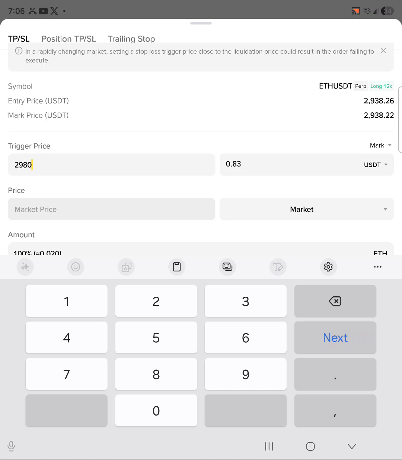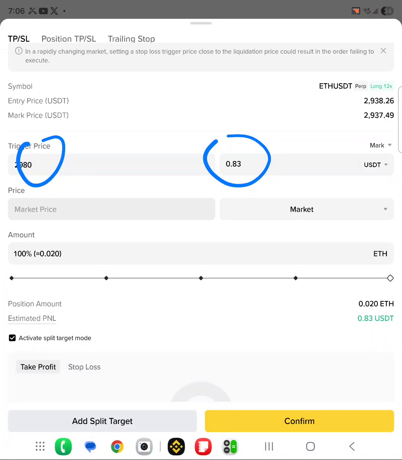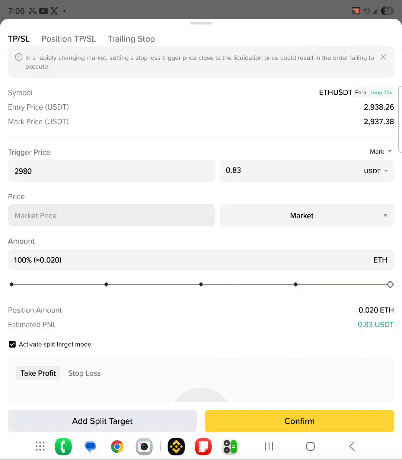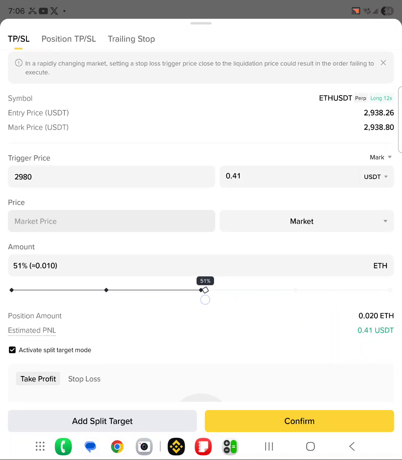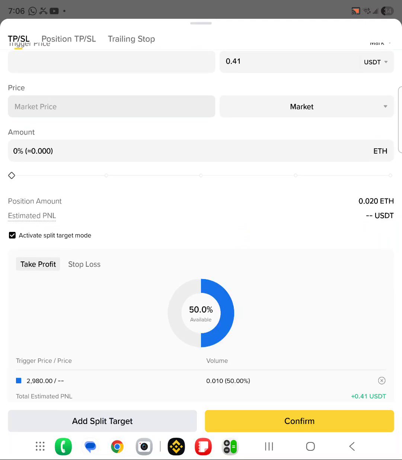See, I'm taking profit when the price hits 2980. I'll make about 83 cents, right? Okay, so I can put it at 50%. Sorry, I'll put it at 50%. I can say 50%, and then 50%. And I will say add splits.